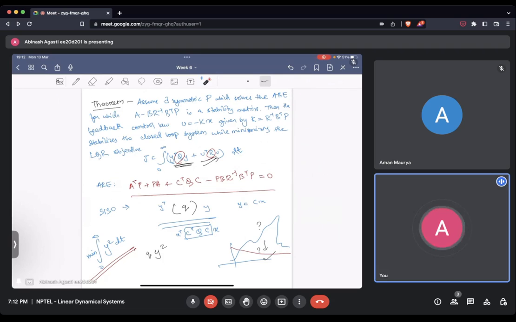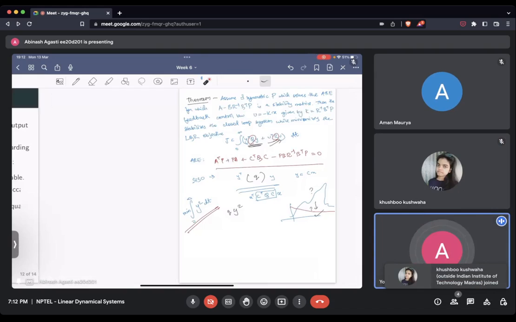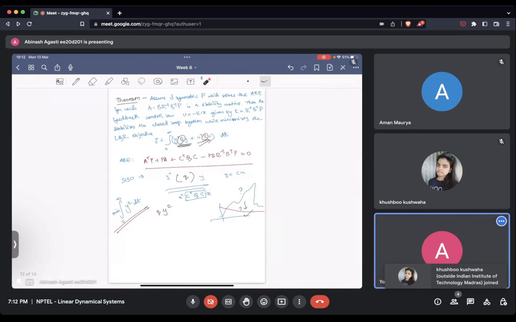Let's not go into the proof or other details, but that is what the statement says. I give a control U equal to minus Kx, where K is this, and P satisfies this algebraic Riccati equation. Then, and further, if this matrix is a stability matrix, then my LQR objective is minimized.